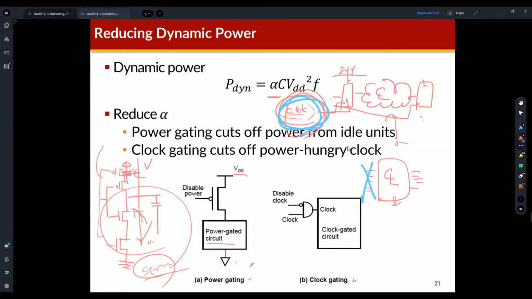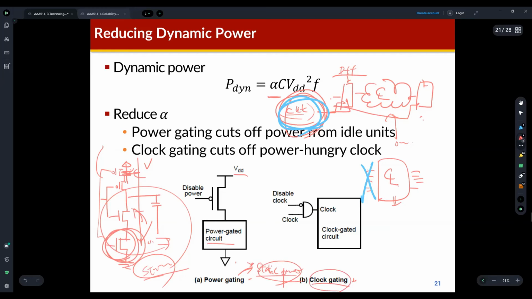But also, the power gating is controlled by MOS transistors, so we can use different types of transistors for this power gating. We can also increase the size of the transistor, and we can apply a different threshold voltage for this transistor for power gating. So the power gating is related to the static power, not dynamic power.